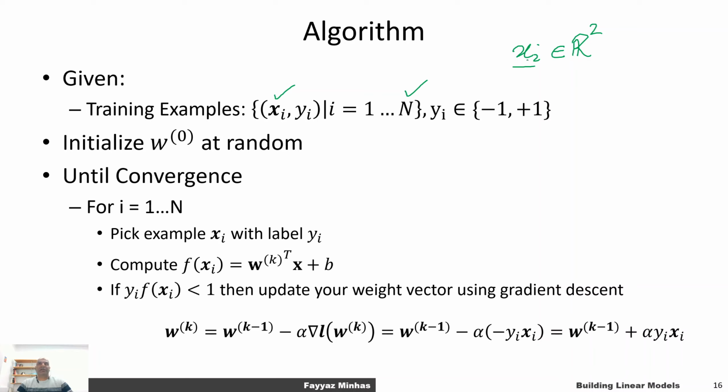So we can say that xi belongs to R squared. If you see that in a book, don't be confused. What it means is that there are only two features. In general, if you have D features, then this is D-dimensional. And for each of those examples, we have a corresponding label, which can either be negative for negatively labeled examples, or positive for positively labeled examples.